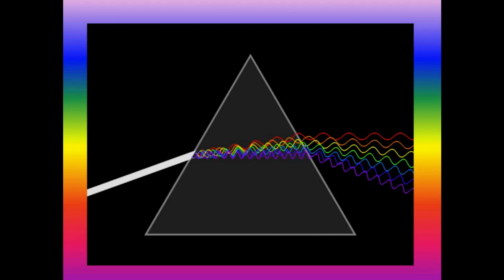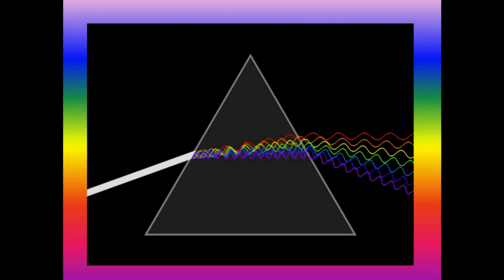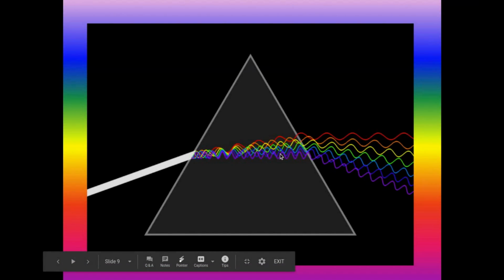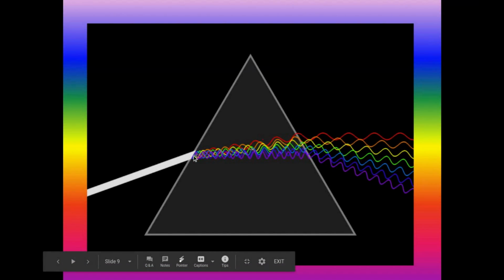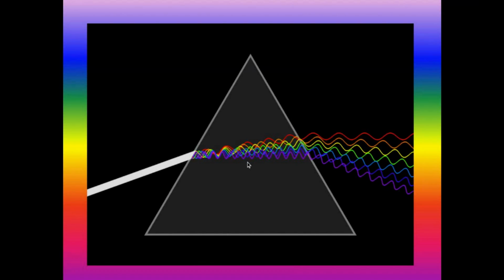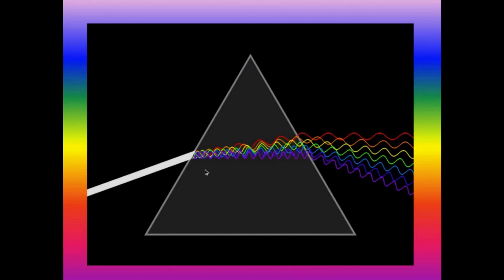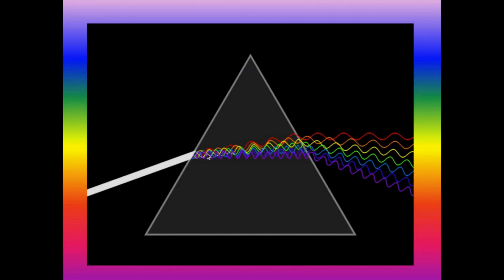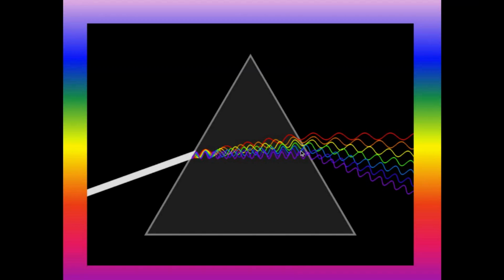So this might be a familiar image to some of you. Basically, it's a prism. So we have white light being shown through a prism. And so it's reflecting all of those different colors of the rainbow that make up white light. And so each color is going to be bent based on the wavelength.